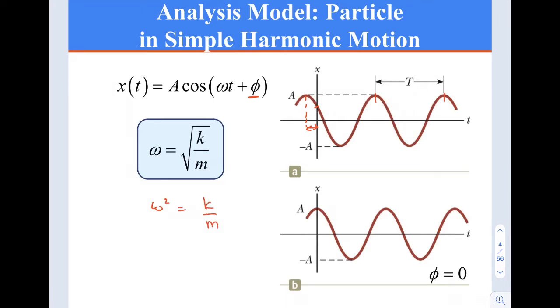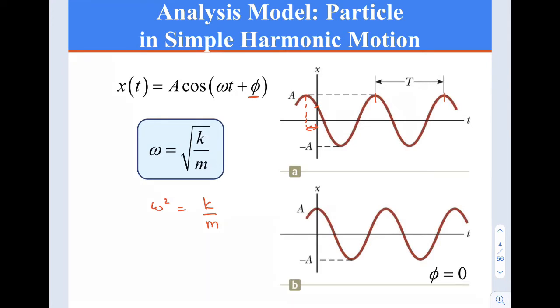Alright, and then for figure B, what is given here, whenever the phi is 0, the object is completely at amplitude, maximum displacement.